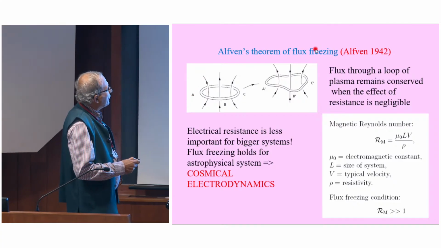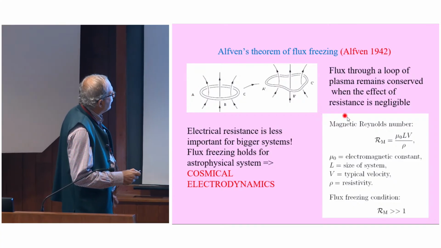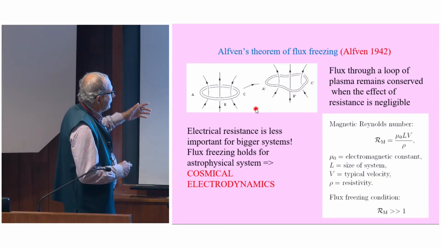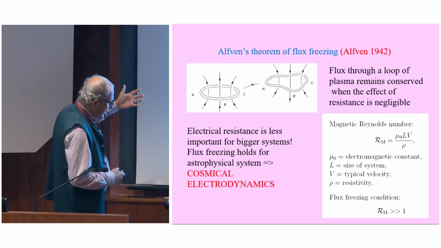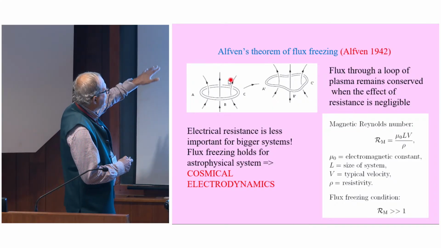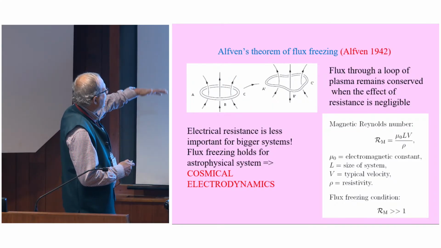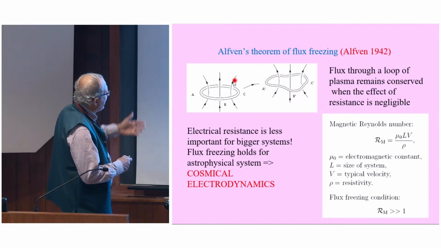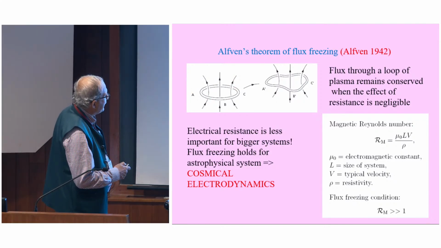One of his most famous results is this theorem. So what is this theorem? Suppose inside a plasma we think of a hypothetical surface through which some magnetic field is passing. So we have some magnetic flux linked with this surface.